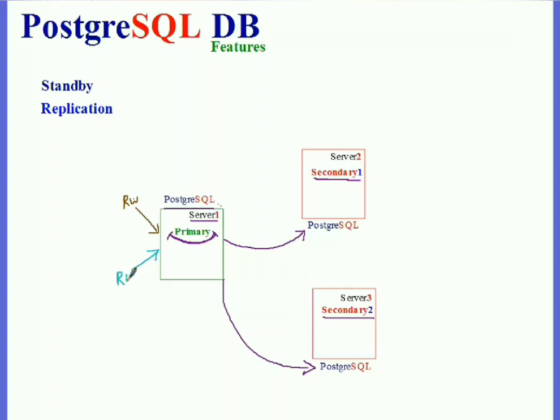But when they modify, changes take place. Those changes need to be shipped and applied, which will be done as part of our configuration. These changes will be shipped and applied to the secondary databases, so synchronization will happen, which we are going to configure.